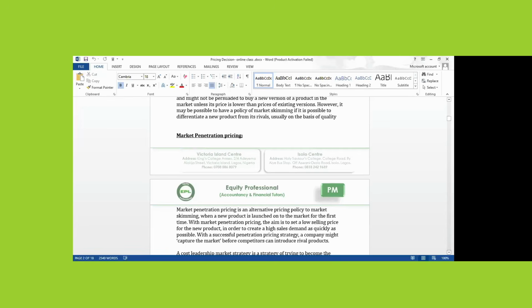You want to achieve volume. You are charging a low price. You want to draw customers to your products. Many customers are likely to buy the product because the price is low.